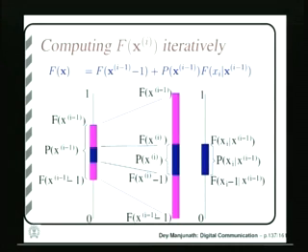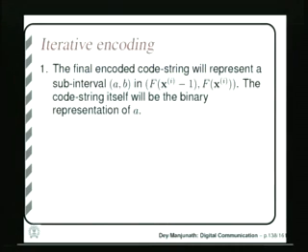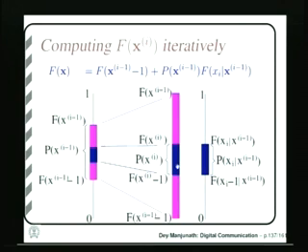Now, how do we do the coding? We know that in the Shannon-Fano-Elias coding, the code word will actually represent a binary number somewhere in this interval, because as we keep increasing i, this interval will be smaller and smaller.